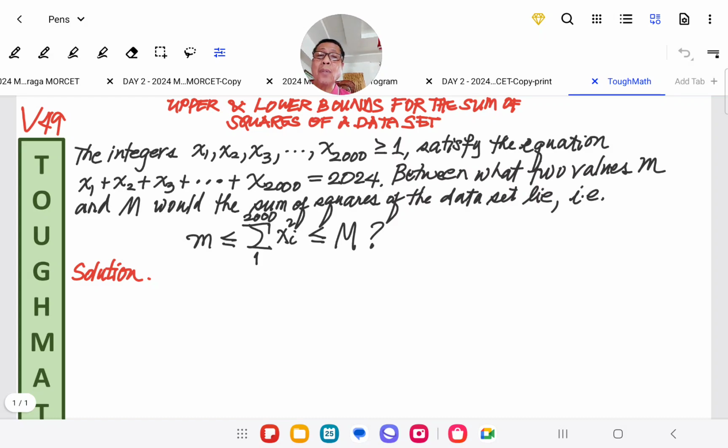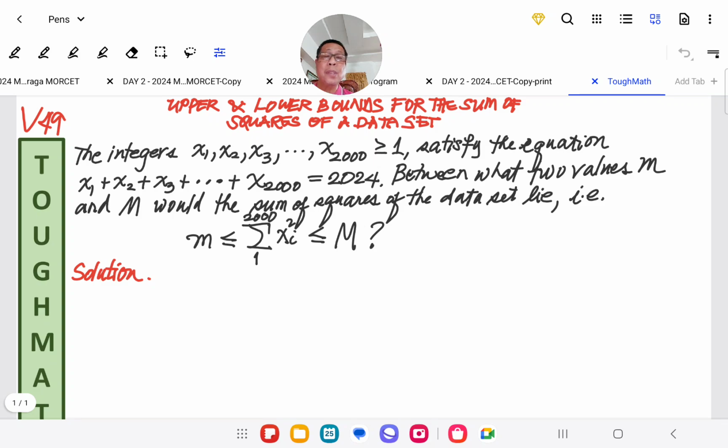the integers x sub 1, x sub 2, x sub 3 up to x sub 2000 are all greater than or equal to 1. And they satisfy the equation x sub 1 plus x sub 2 plus x sub 3 plus and so on until the last x sub 2000 equals 2024.